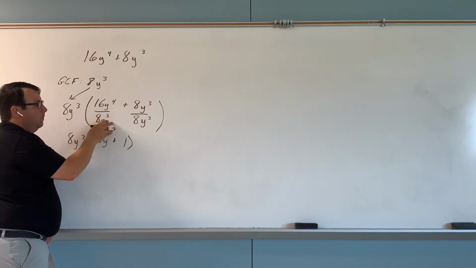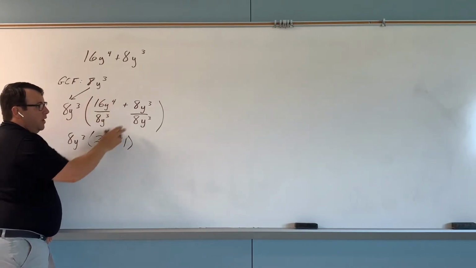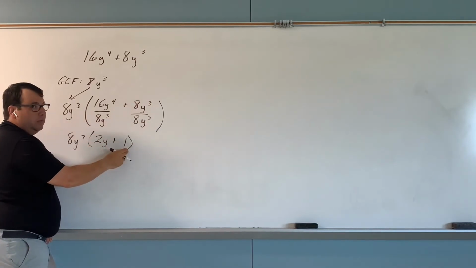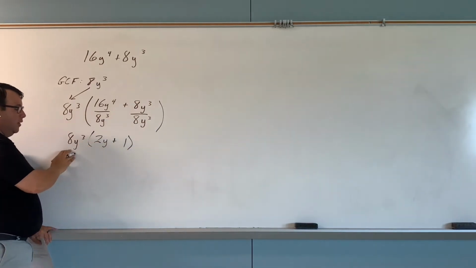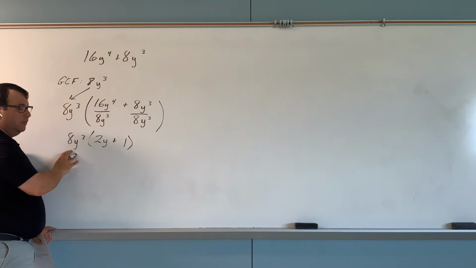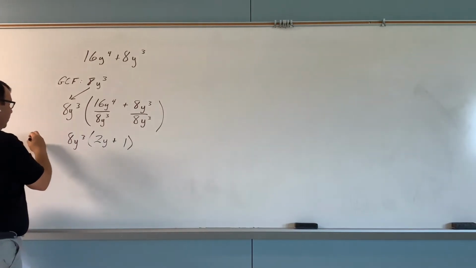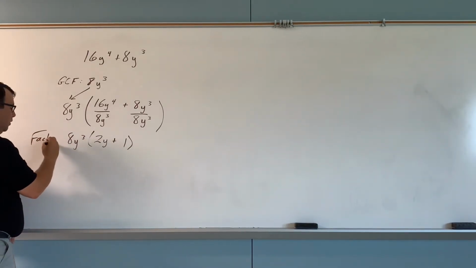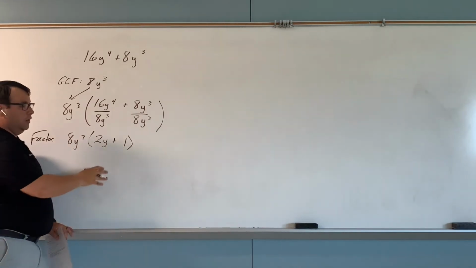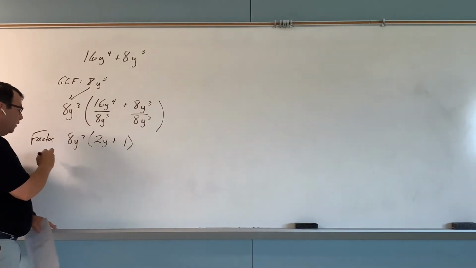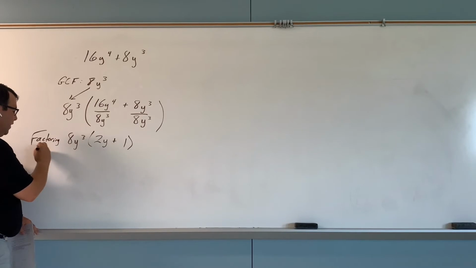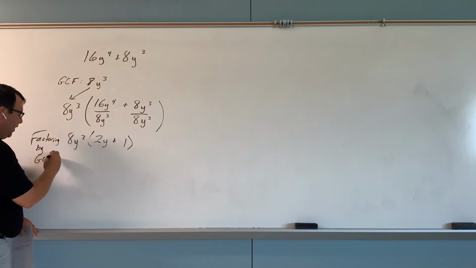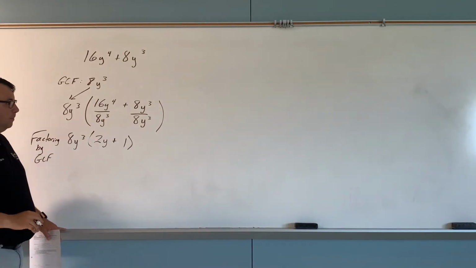When we do that, this simplifies to 2y, this simplifies to 1, and here's our GCF that we pulled out. So we have factored out our GCF. This is actually called factoring by GCF, or by greatest common factor.